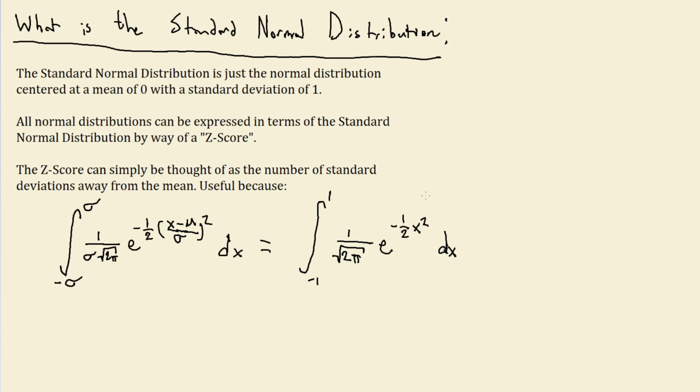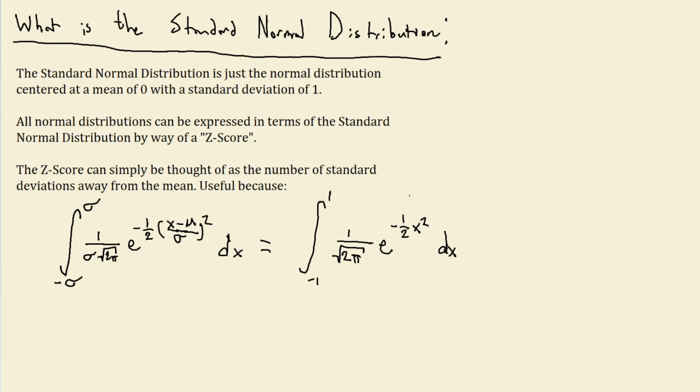And so a long time ago, people just computed this, and then they would express all other normal distributions in terms of a z-score. If they wanted to compute a probability, they would convert to a z-score, and then calculate the probability of that z-score based on the standard normal distribution.